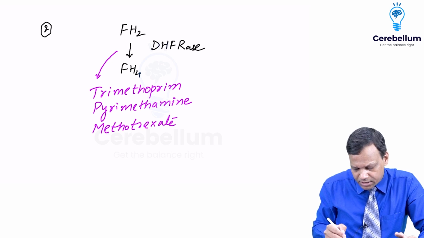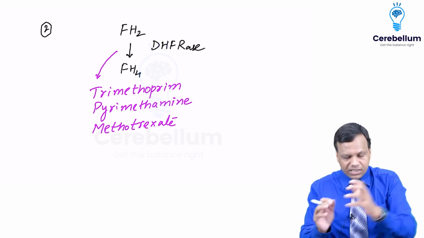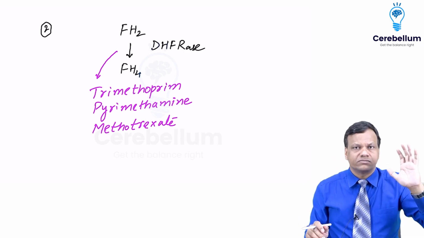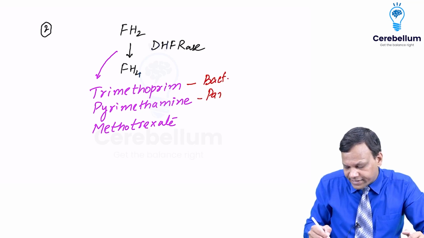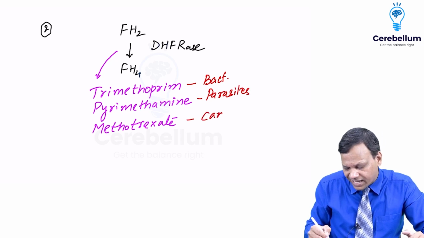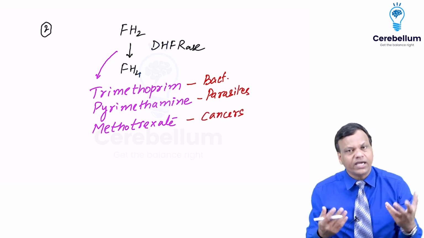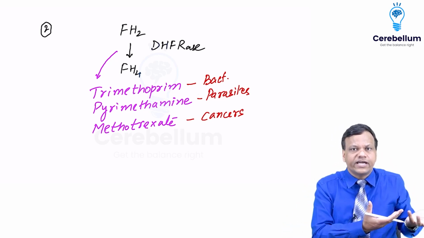Although all three are inhibiting the same enzyme, they have totally different uses. Trimethoprim is antibacterial. Pyrimethamine is used for treatment of parasitic infections, whereas methotrexate is used in cancers. The question is why, when they are inhibiting the same enzyme, are they used for different indications?